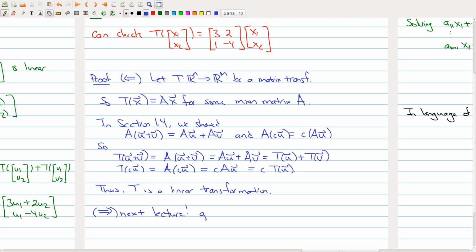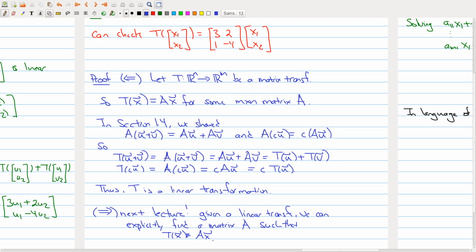Given a linear transformation, we can explicitly find a matrix A such that T(x) is equal to A x. Okay, so we'll see that in the next lecture.